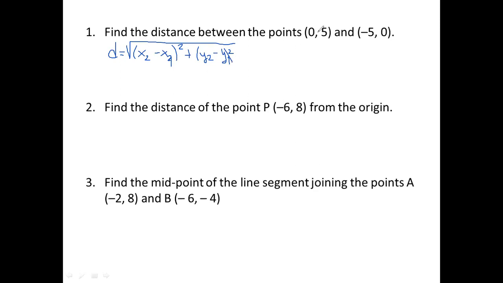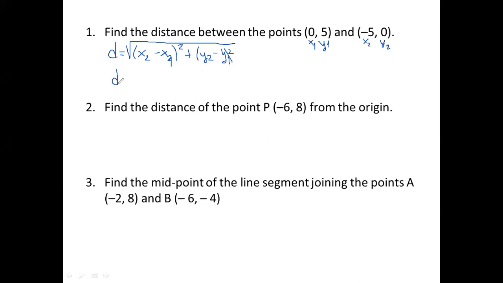So now I can put this one as x1, the other one will be y1, this one will be x2, and this will be y2. Now I can directly put the numbers inside the formula.